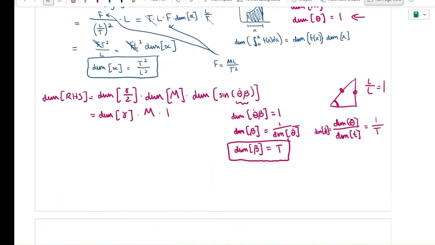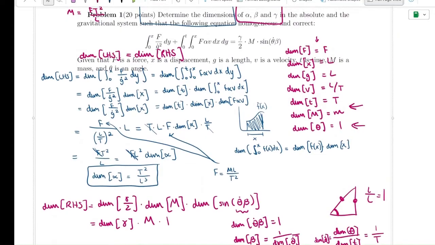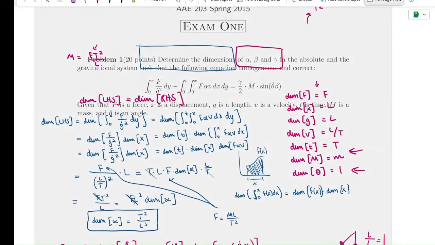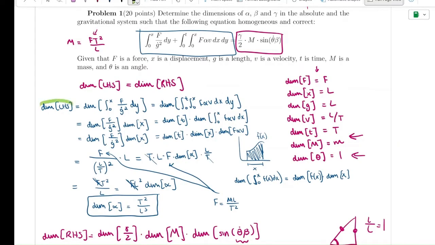So great, now that we have our two sides of the expression, we know the dimension of the left-hand side is equal to force times, I'm going to get rid of these slashes so we can be clear about what it actually is.